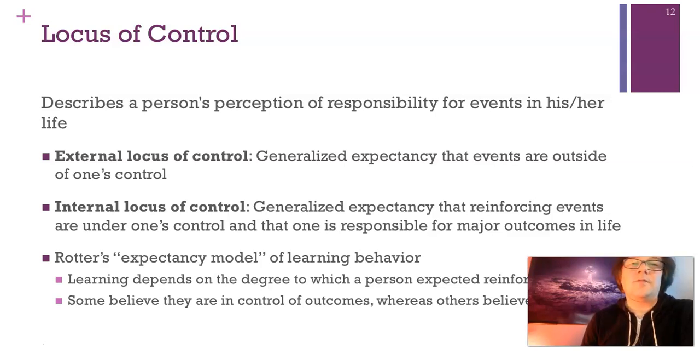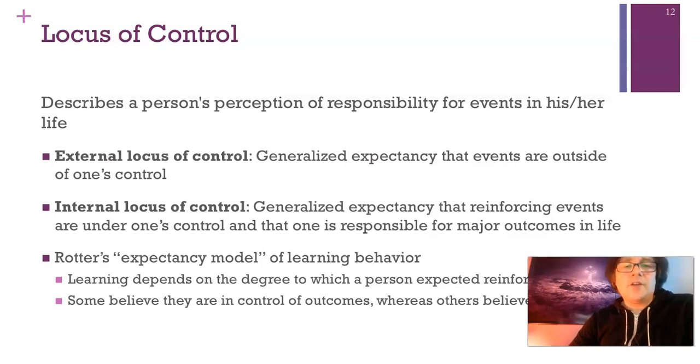So when we take a look at people's overall locus of control, we're asking, in general, do they typically see events as being outside of their sphere of influence, as being external to them, or as being internal to them, something that they have control over, that things in life they're able to control, to predict, let's say.